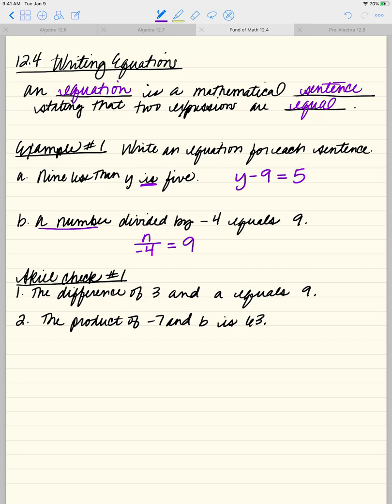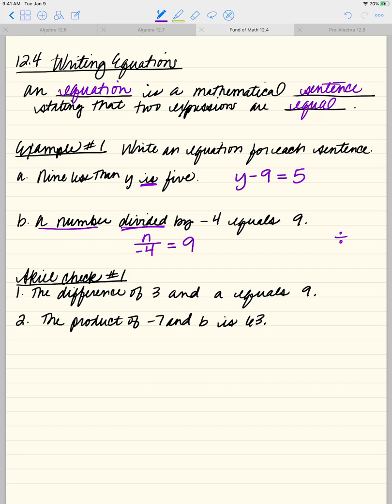You will key in really quickly on the fact that anytime I see the words divided by, I write it as a fraction. Moving forward in your math, that's how you're going to see division more and more frequently. So start getting used to that. Get into the habit of thinking about fractions as division and division as fractions.